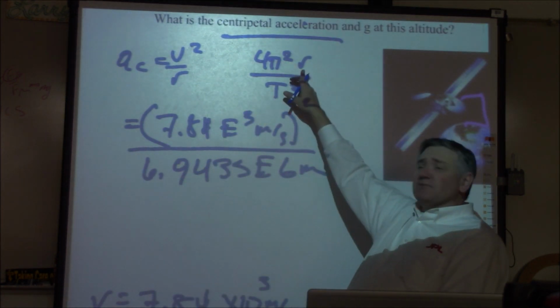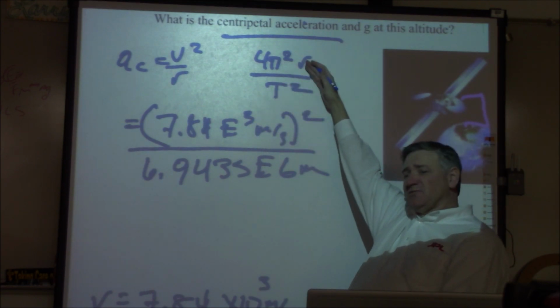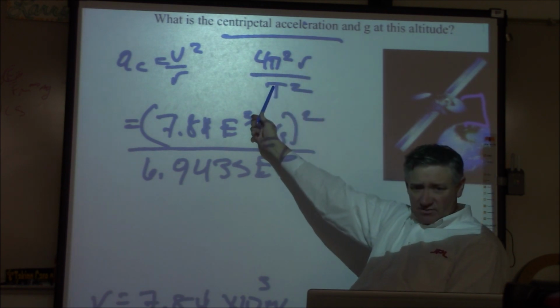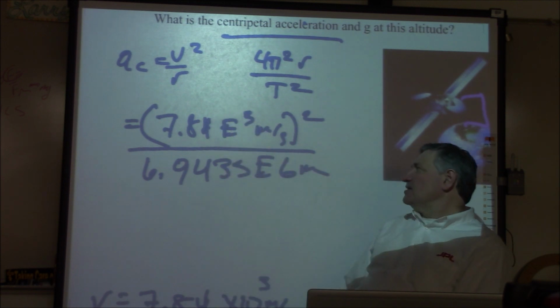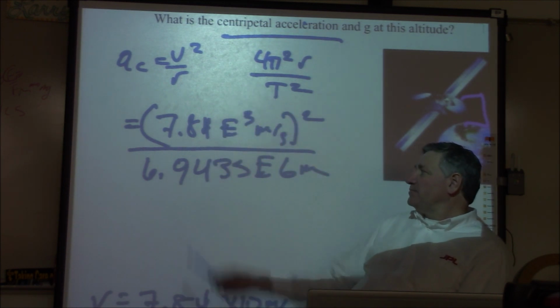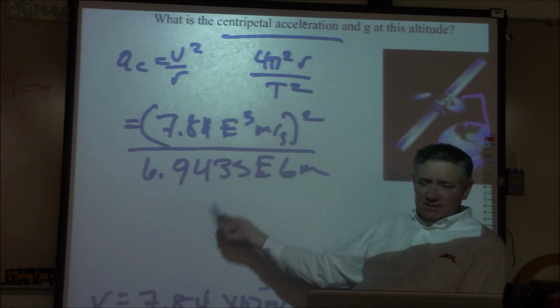You could do the other one if you wanted, and then divide by t squared. Mathematically, this is a little bit more challenging because you have to square pi, and then the radius, and then square the period. You're going to get the same answer either way. It doesn't make any difference. But I'm with Suha. I would have picked this one because all you have to do is square the velocity and then divide by that radius.